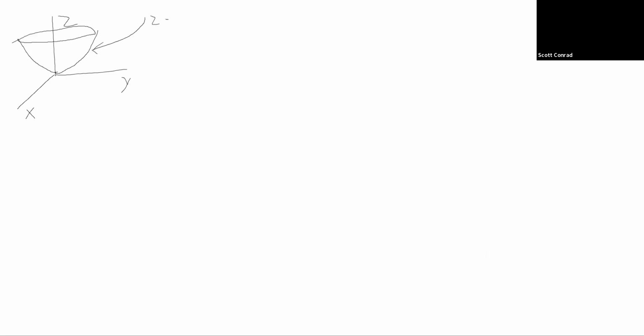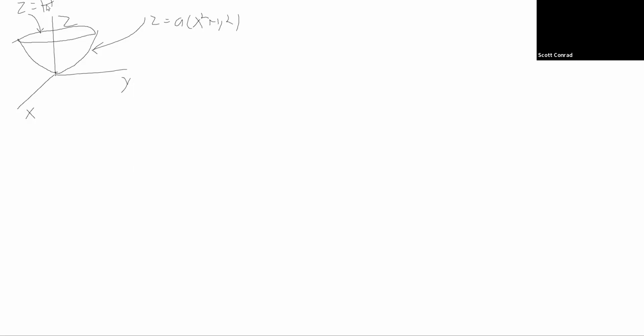This is our z equals a times x squared plus y squared, and it's cut off by the plane z equals h. And everything inside of there is the solid region W.